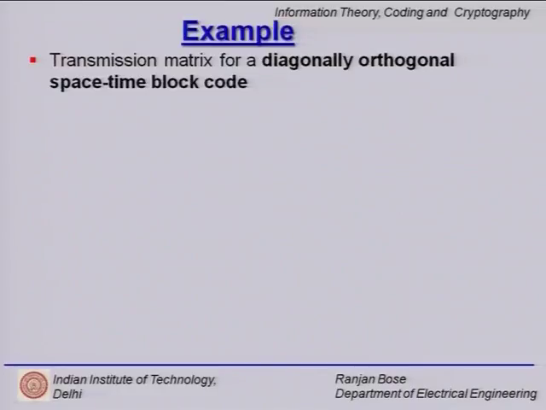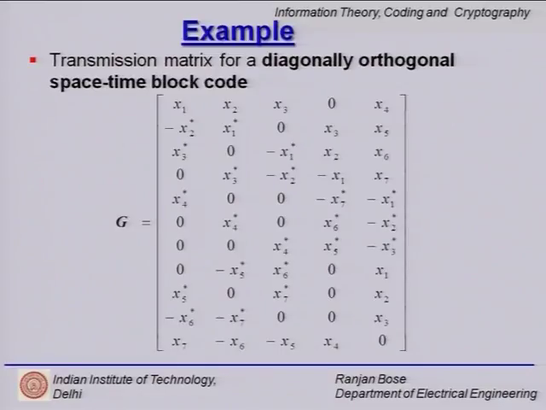Let's look at a quick example of a transmission matrix for a diagonally orthogonal space-time block code. Here, if we count the columns 1, 2, 3, 4, 5, we have n equal to 5. So we are going to use 5 antenna elements to transmit, and if you count the number of rows 1, 2, 3, 4, 5, 6, 7, 8, 9, 10, 11, we have 11 time slots with which we are going to send this out.